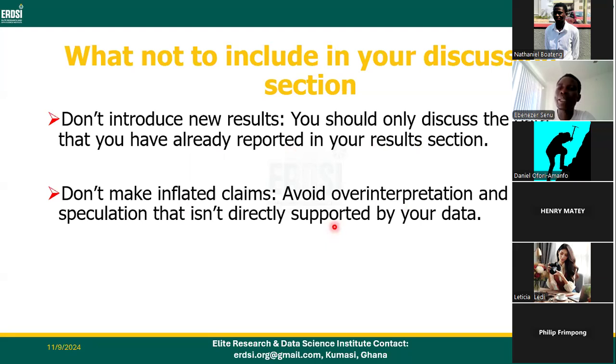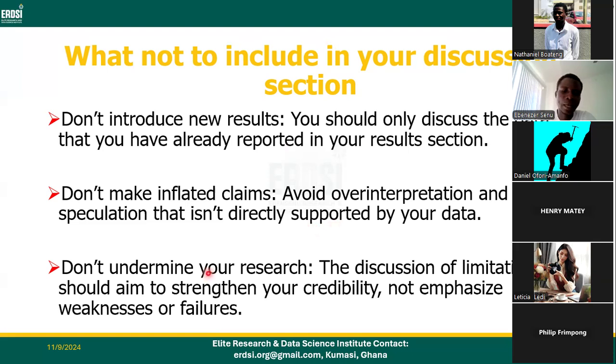Your voice should not be too high or too low. It should be intermediate. Or we should not undermine your research. For example, if you look at the limitations some people have stated, it's like they're undermining the work and its credibility. No, there's a way to state it so as not to undermine your work.